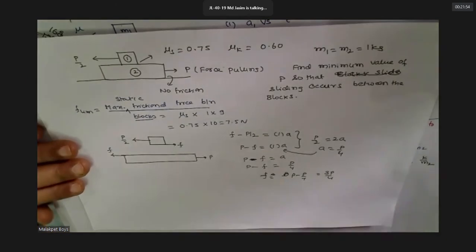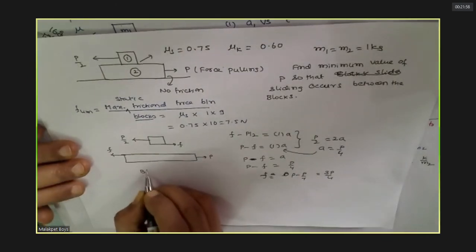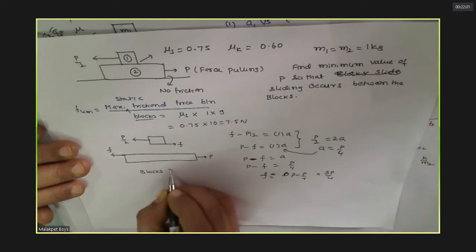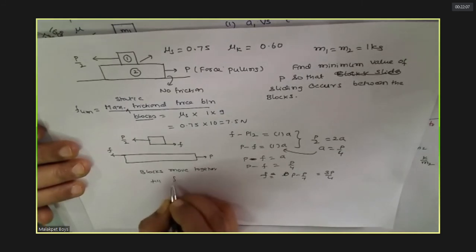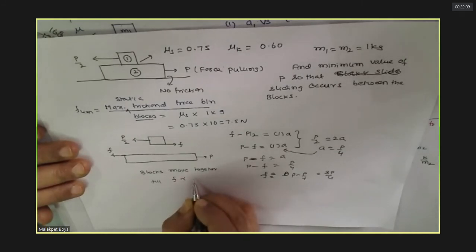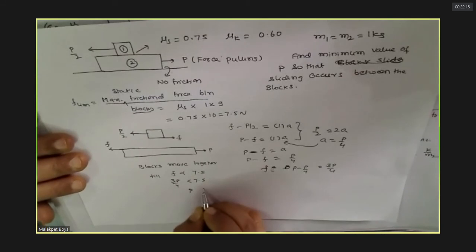Yes, sir. Now we should see that limiting. What is that? So what is P? 10.